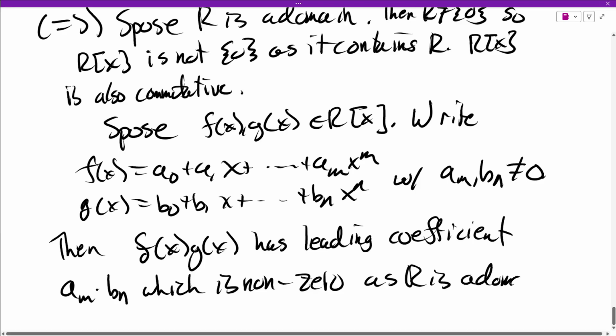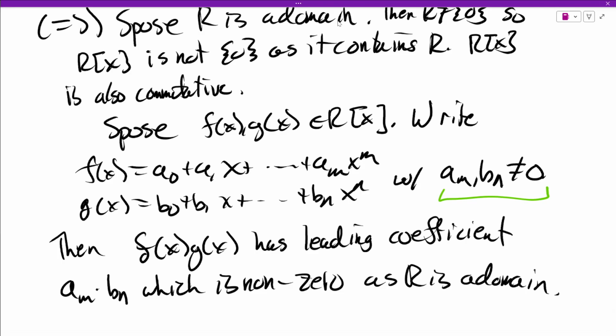And this is the product of two non-zero elements, right? Two non-zero elements in a domain, it remains non-zero. Okay, so the property of being a domain passes on to the polynomial ring.